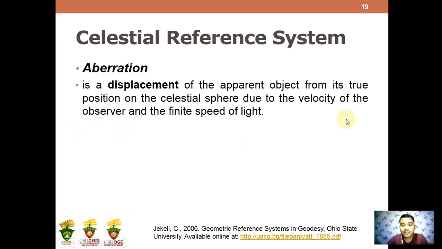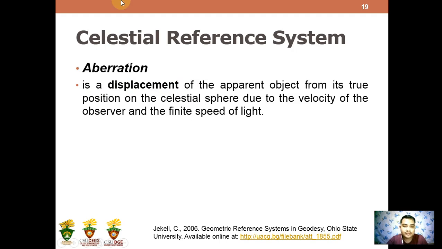We all know that the Earth is moving, rotating, revolving, plus nutation, plus precession, so there are many effects. That is why there are still changes, a displacement in observing celestial objects with respect to the observer, who is also moving, because of rotation, revolution and other motions of the Earth.